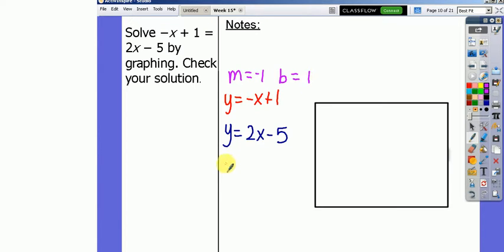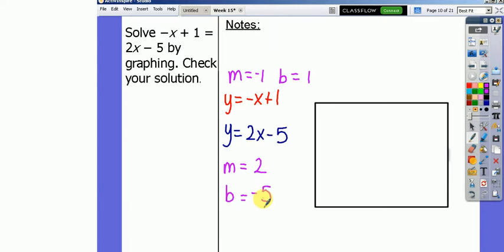What is the slope for this blue equation? 2. Positive 2. What is the y-intercept? Negative 5. So again, start at the point 0, negative 5, go up 2 to the right one, or down 2 to the left one.